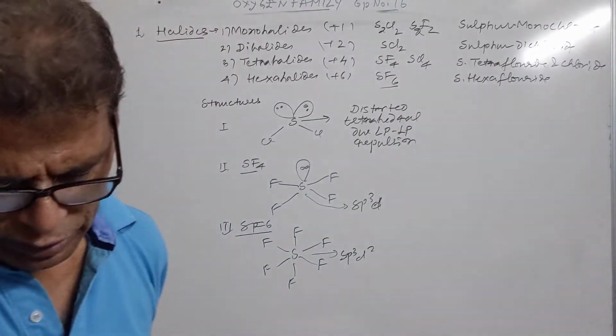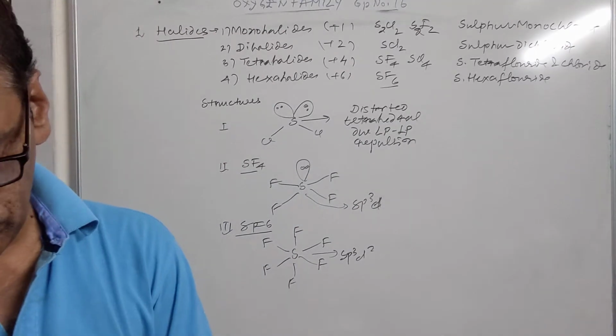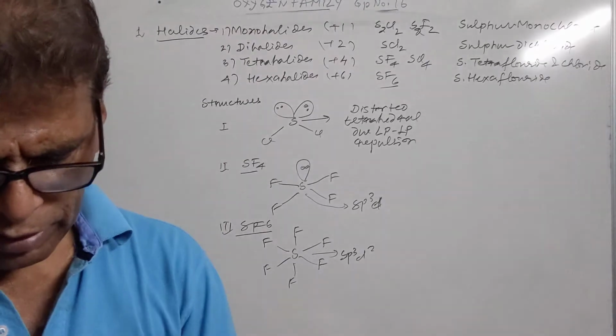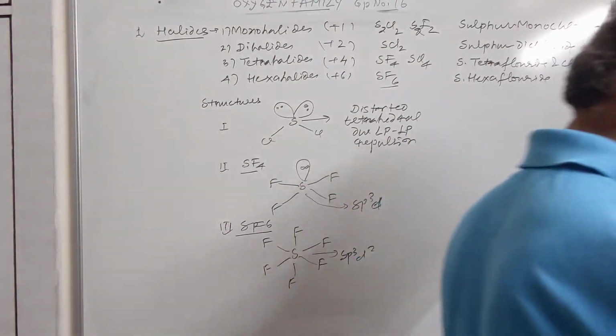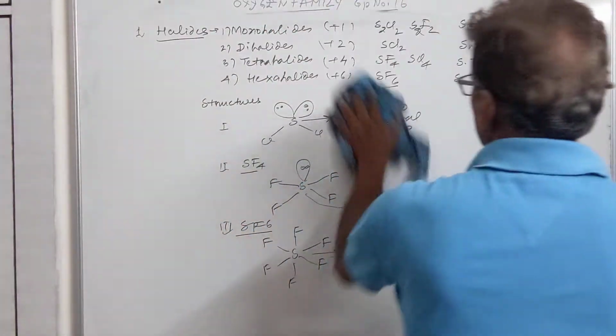After doing the structure of these halides, we come to the oxo acids of sulfur. These are very important compounds. When oxides of these elements combine with water, they produce oxo acids.